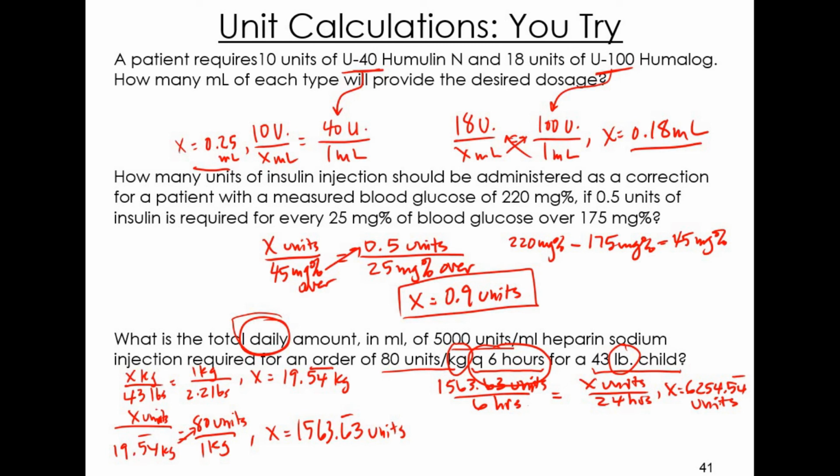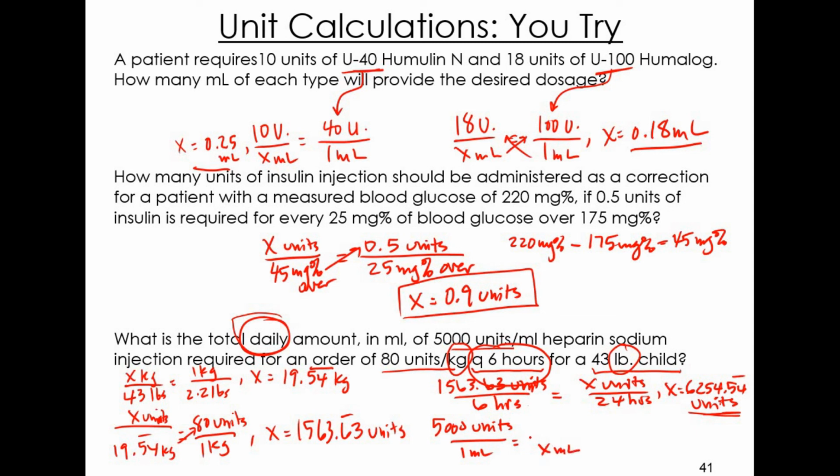Okay, we're to the final proportion where we need to find out how many milliliters this represents. We've got the units needed daily, and so given a 5,000 units per mil injection, how many mils is that? 5,000 units per 1 milliliter.